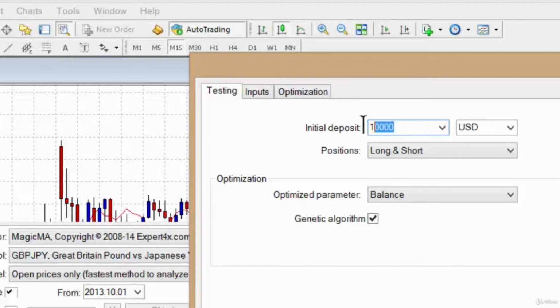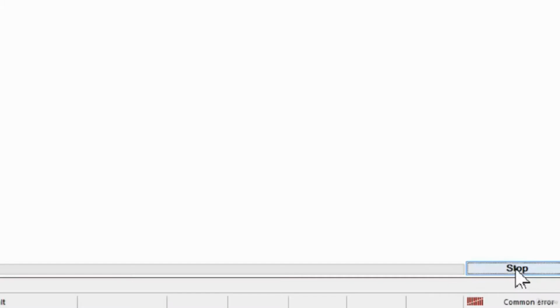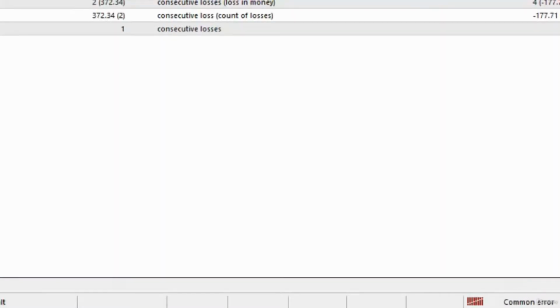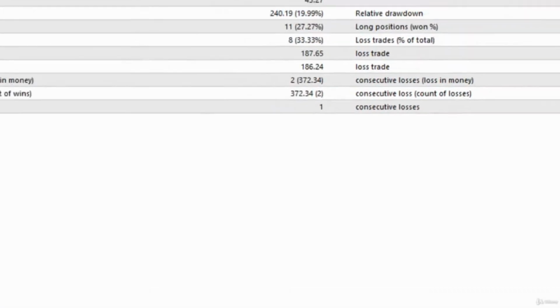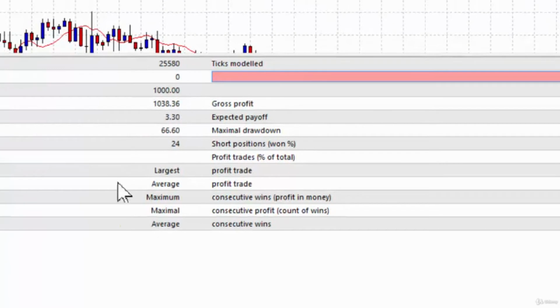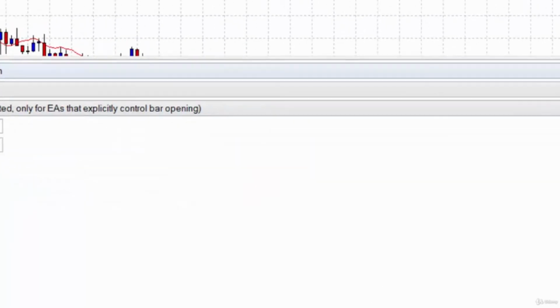So I'm going to start with 1,000, and click OK, and run it again. The idea now is to run it until we get a margin call. That's still fine. 1,000 has given us the same income.